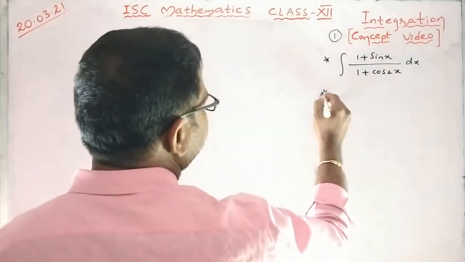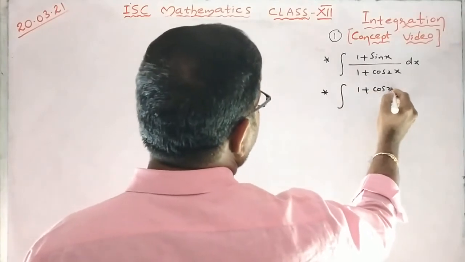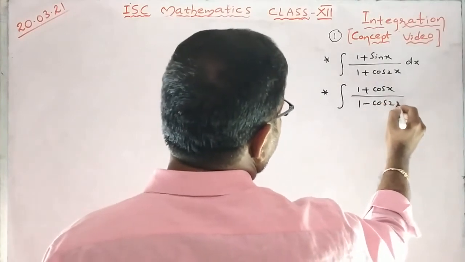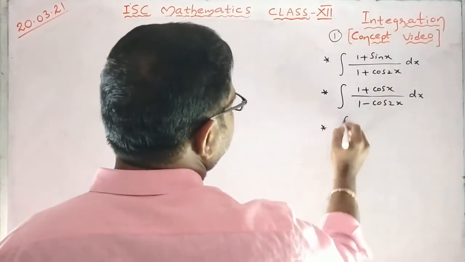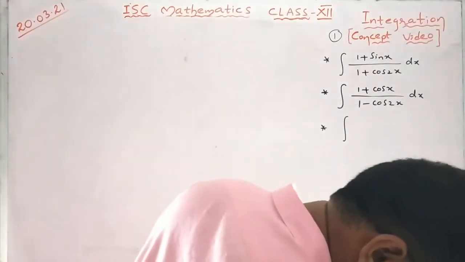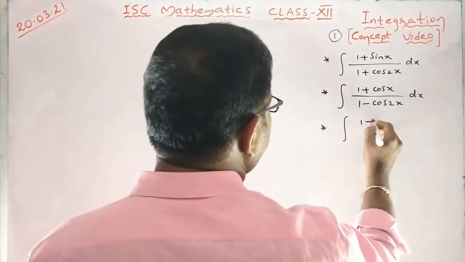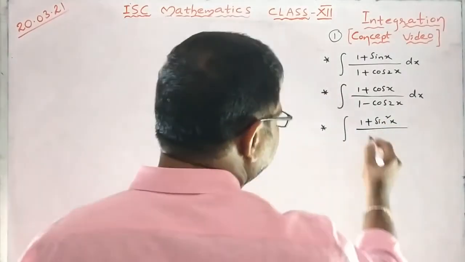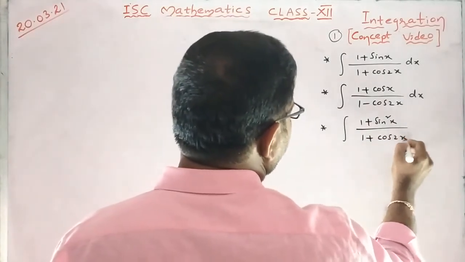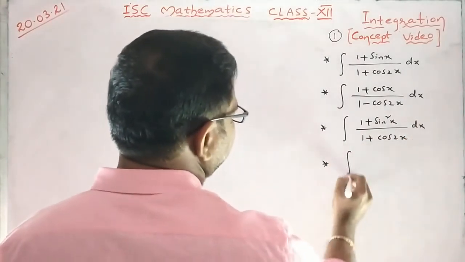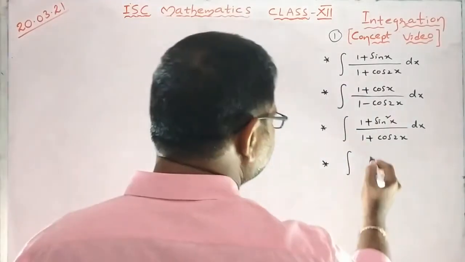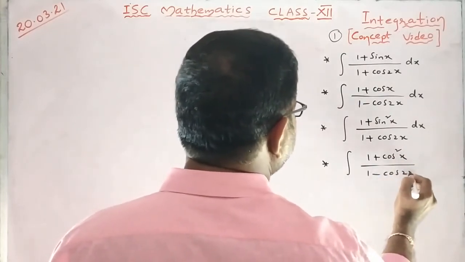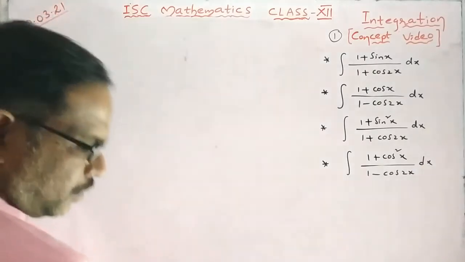Next, 1 plus cos x by 1 minus cos 2x dx. Similarly, 1 plus sin square x by 1 plus cos 2x dx. Next, 1 plus cos square x by 1 minus cos 2x dx. Okay.